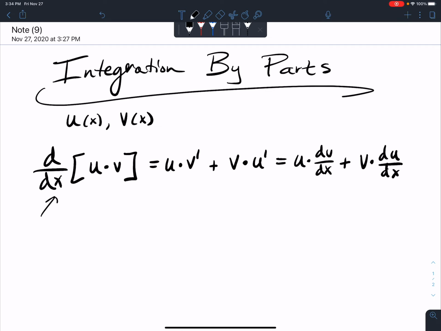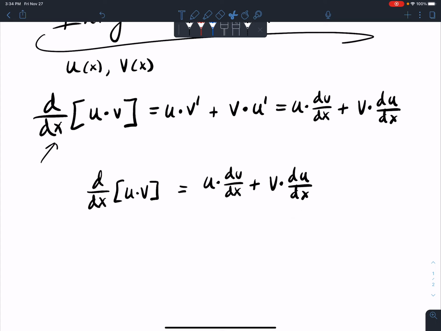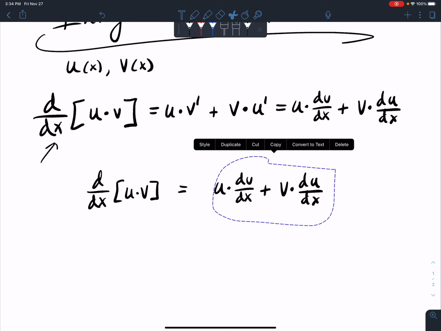Okay? So now what I'm going to do is take this derivative of the product, which is equal to this right here. I'm going to just copy and paste this so I don't have to rewrite it.